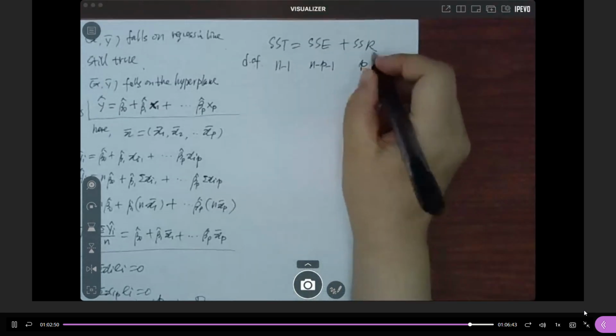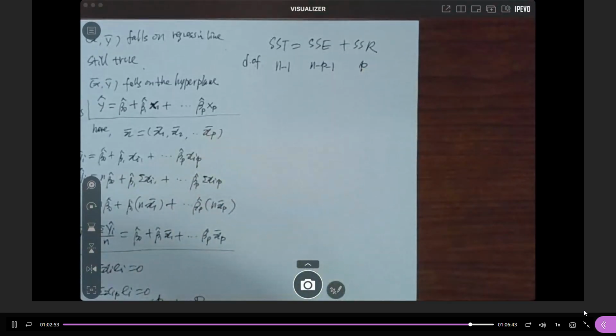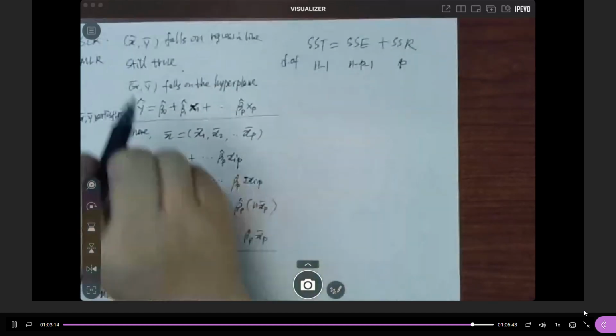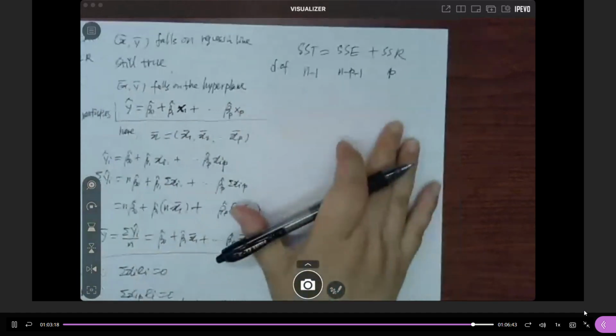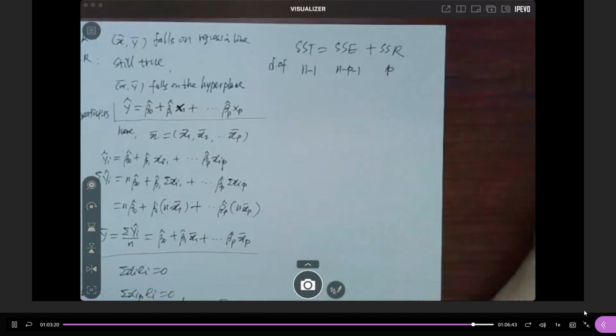So this degree of freedom p for SSR is also for the regression line. In this case, it won't be a line, it's a hyperplane. It's also the degree of freedom for the hyperplane. It has coefficients beta 1 to beta p, also an intercept, that's p plus 1 parameters controlling that. However, there's one constraint. It must pass through x bar, y bar. It loses 1 degree of freedom. So either way, no matter how you look at it, it's p.